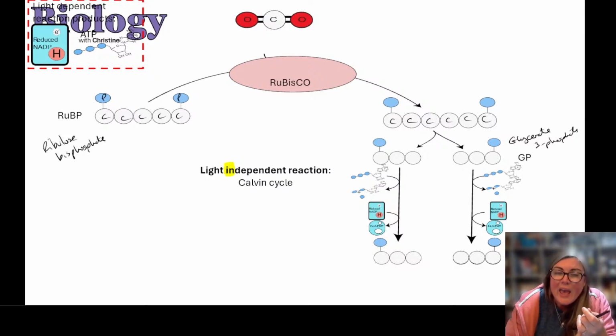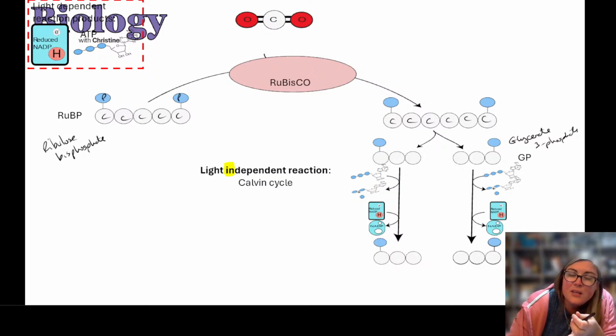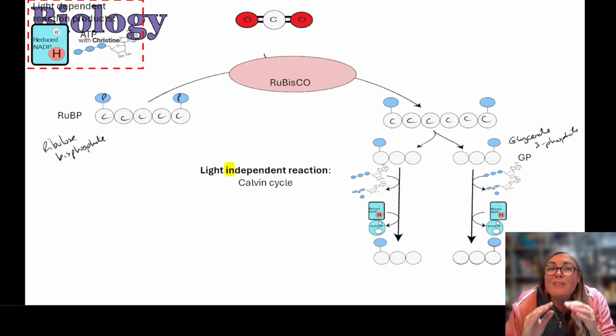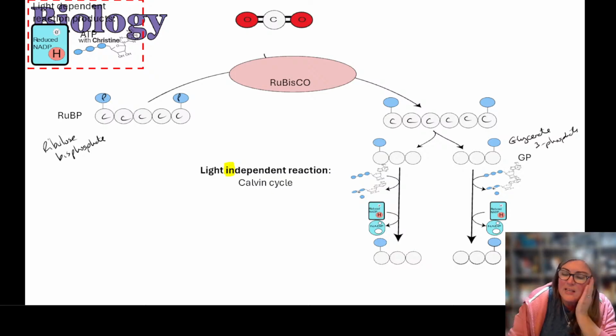So we need energy, we need the hydrogen ions and electrons, and then we can do a reduction reaction where we convert the glycerate 3-phosphate into triose phosphate.